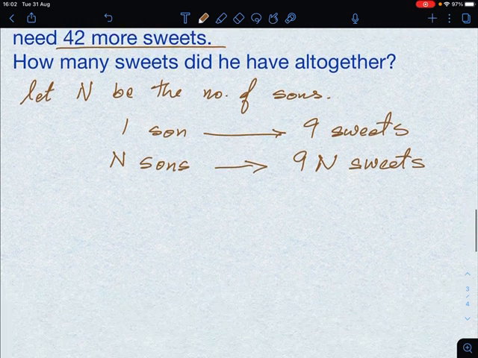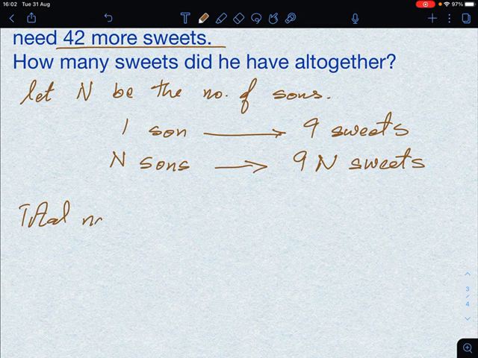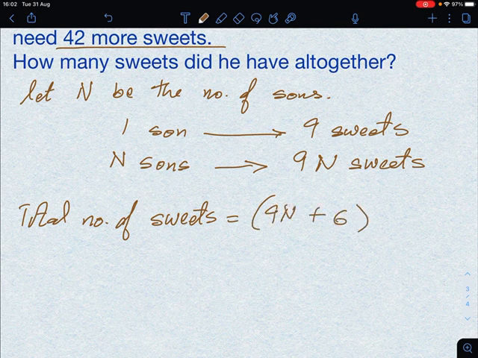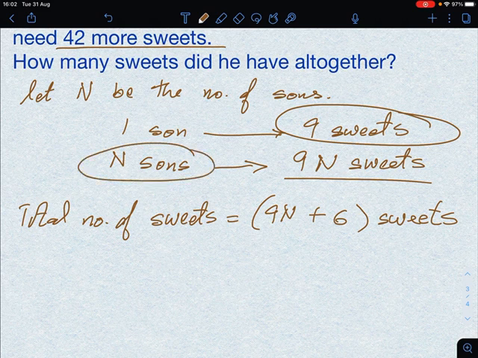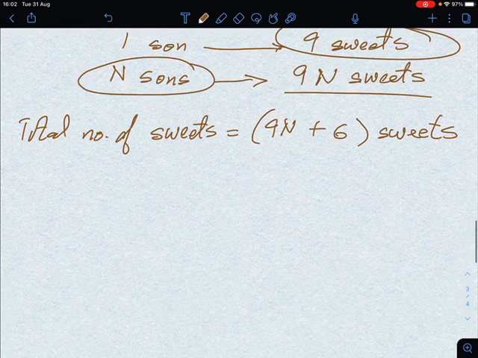That means the total number of sweets will be 9n plus 6, because he has an extra of 6 sweets after giving away 9 sweets to each of his sons. Simple. Alright, that means we can draw the model.